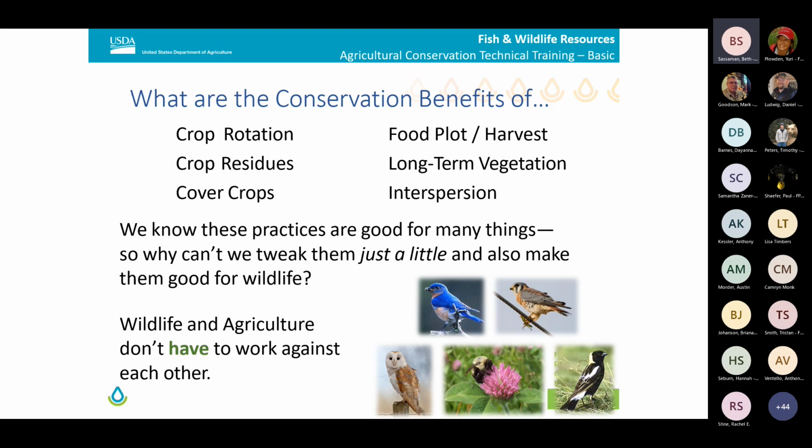So you can change the system just a little bit, and like I referred to that WEG form a few times, if you look at it, it's pretty simple to get that score up if you just make a few small changes. Extending cover crop or delaying mowing or making the field smaller. Those things will help increase that score and also improve wildlife habitat, which is what this score is indicating.